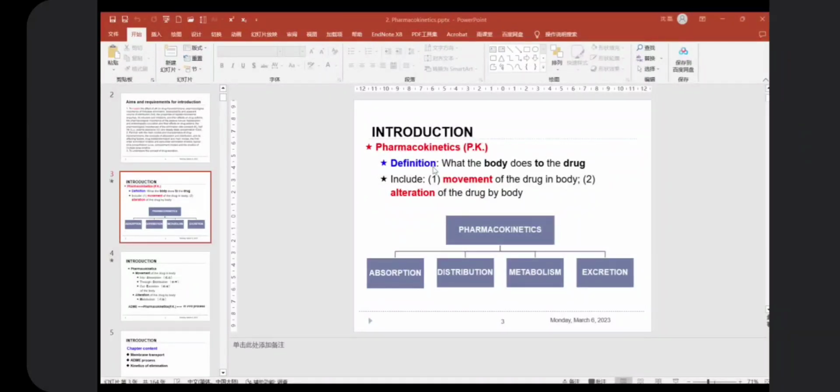So these three processes belong to the movement of the drug in the body. And the next one is alteration, only one process, metabolism. Our body uses some enzymes to metabolize the drug. So this is alteration.